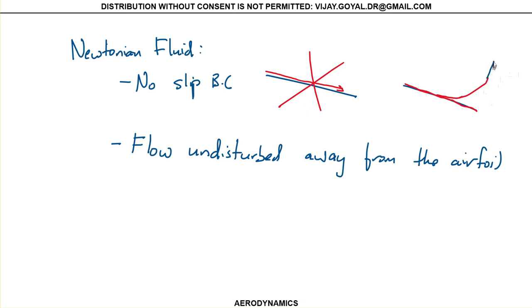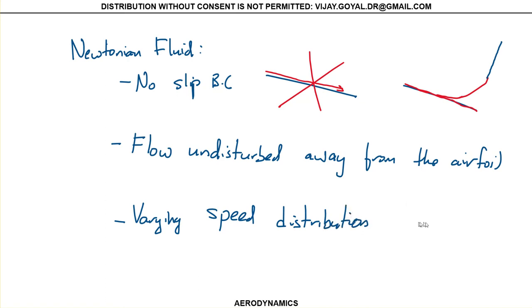It's going to want to remain constant. Okay, that's what this means. Last item, the varying speed distribution follows the following relationship. Follows tau is equal to mu delta velocity over delta speed.